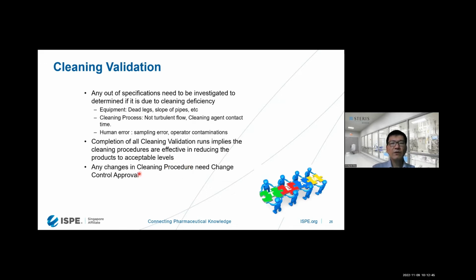So going forward, after cleaning validation, you need to ensure that the validated cleaning procedures continue to operate in the validated state by having controls in place, such as change control approvals and also the monitoring and annual review of the deviations.